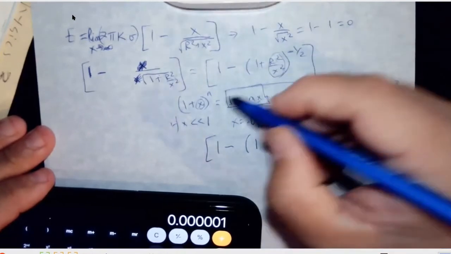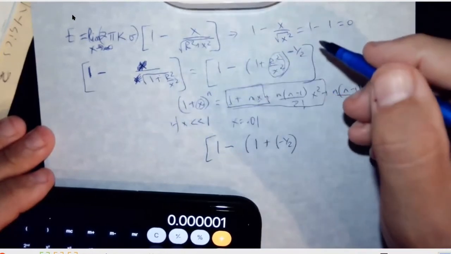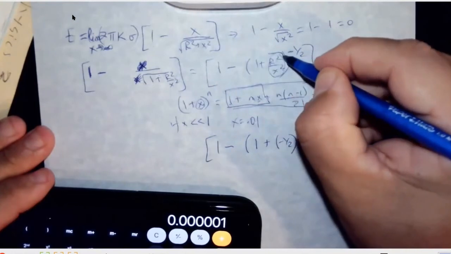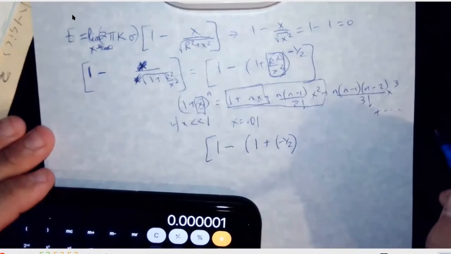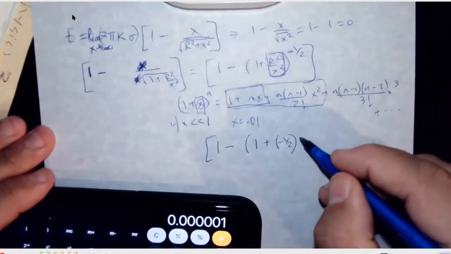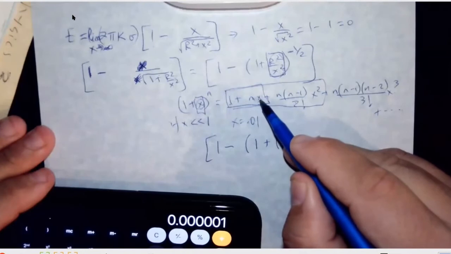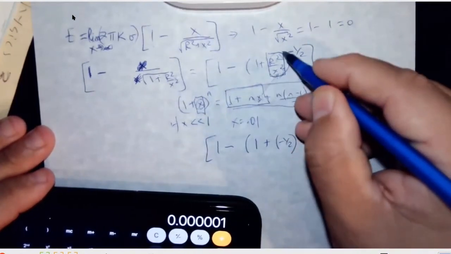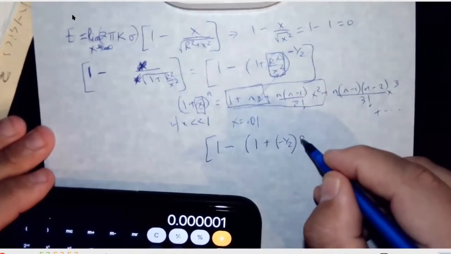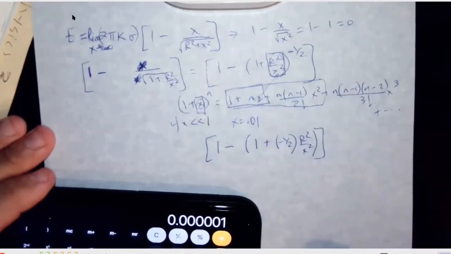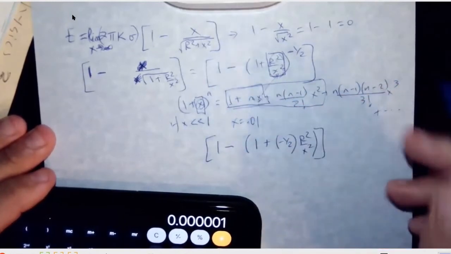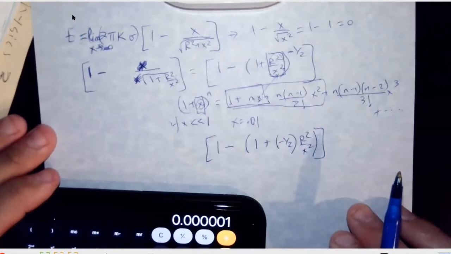You see, x could be basically whatever this thing is, that is the x. So that's r squared. I'm keeping the first term only, the x, and x happens to be this whole thing, r squared over x squared. Close it and end it there. So just go to the first two terms. I think that's going to be sufficient to get the result we want.